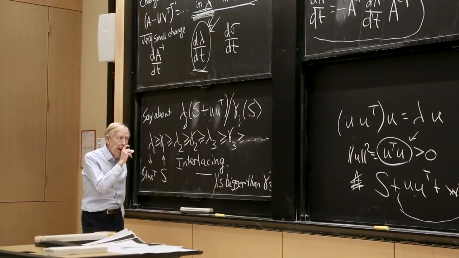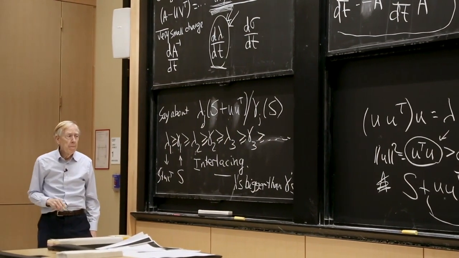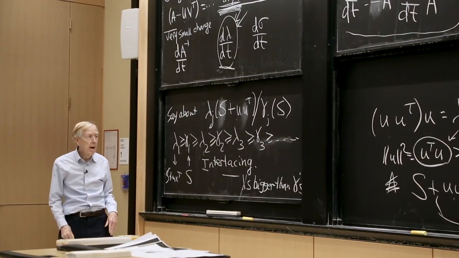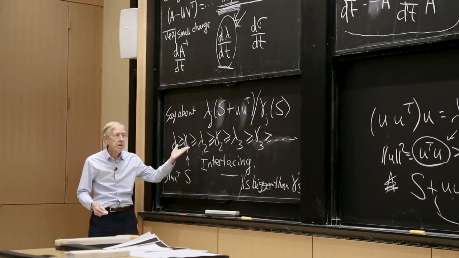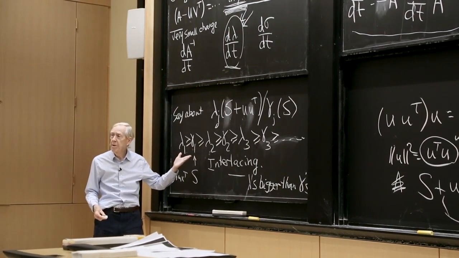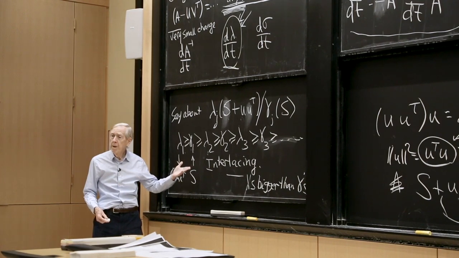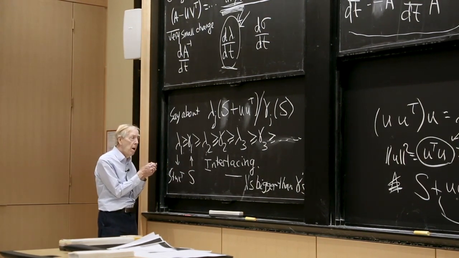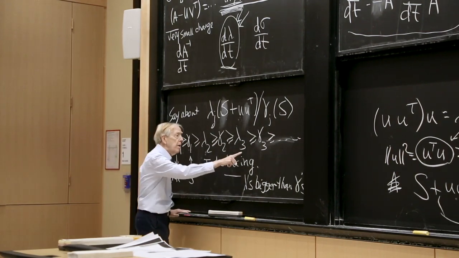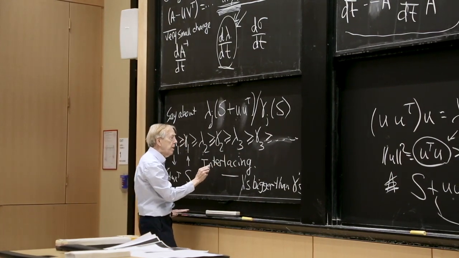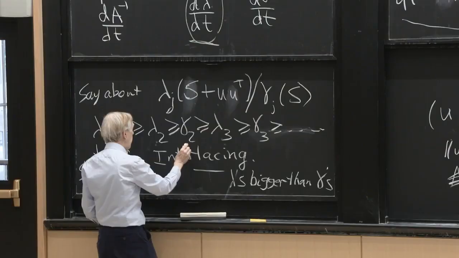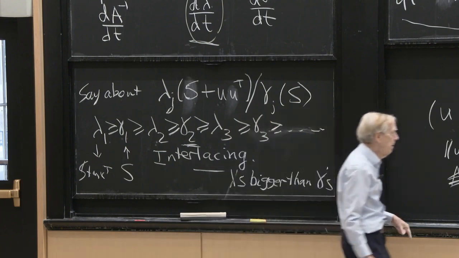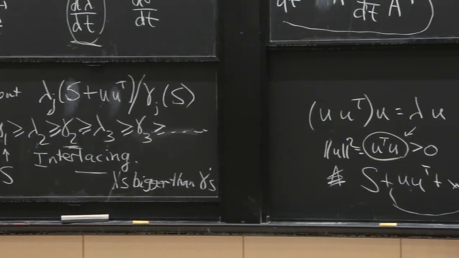So now I've added a rank 2 positive semi-definite matrix. And now I'm not going to rewrite this line, but what would you expect to be true? You would expect that the eigenvalues increase. But how big could gamma 2, let's follow gamma 2. So now, maybe I should use another letter.